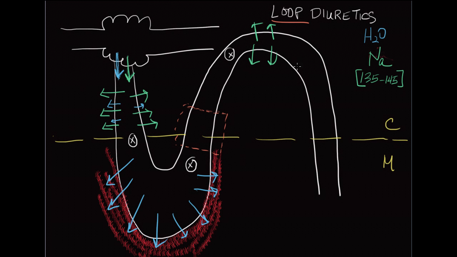Now we're at this point here where we have a little bit less sodium reabsorbed compared to the amount of water we reabsorbed. In other words, we're in a situation right now where we have hyponatremia. We have less salt reabsorbed and more water reabsorbed because we were unable to reabsorb any salt here.